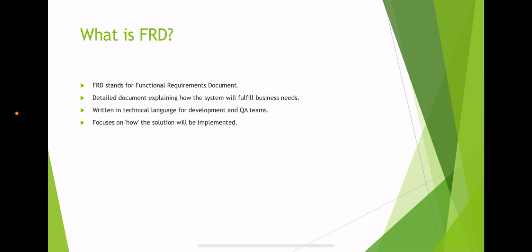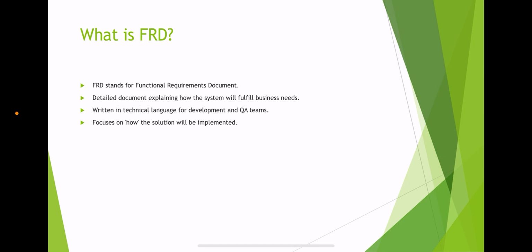The purpose of the FRD is how to implement the business needs, and generally an FRD is also written by the project team or the BA owners. It is completely written by the internal teams, more specifically the technical teams, which include developers, testers and architects. So the language of FRD is more detailed and technical than the BRS.